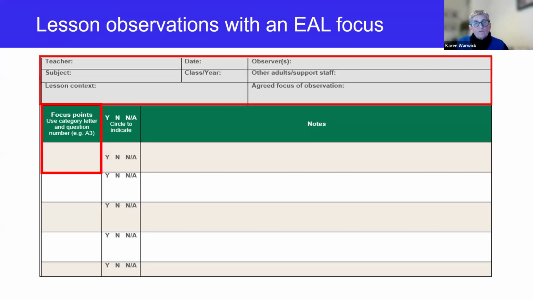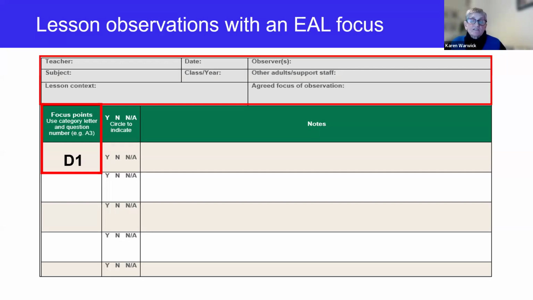So what we would do is you'd have the question from the subcategory. It'd be in D, and it might be question 1, so you put D1 there, so you're not having to write out the whole question. And that question is about knowing who your multilingual learners are in the classroom.